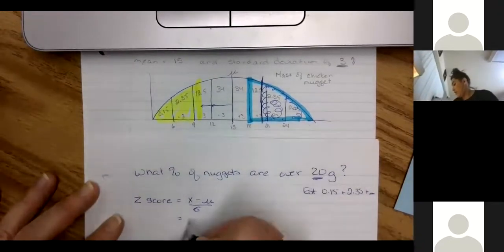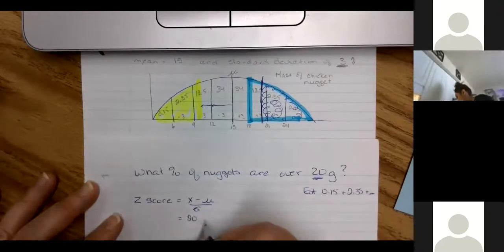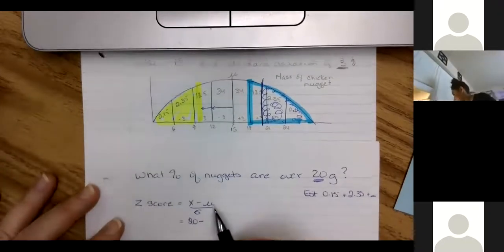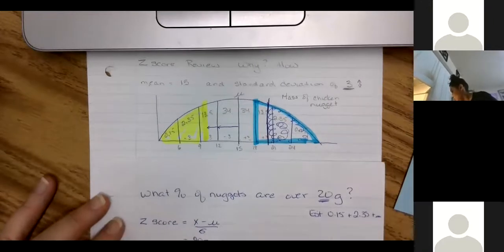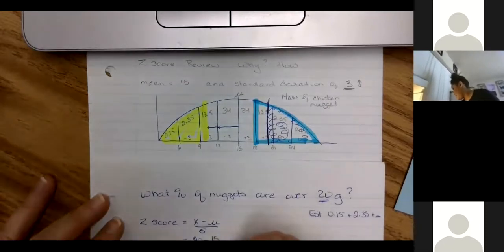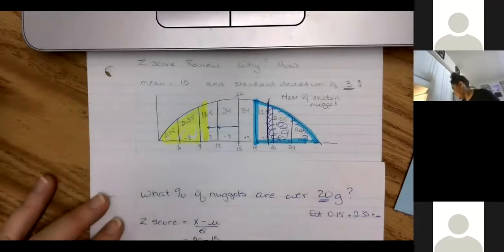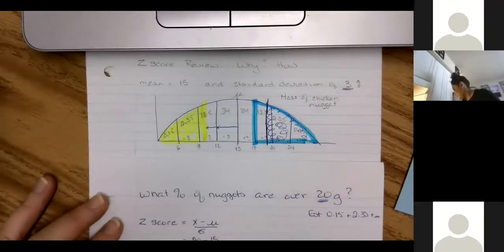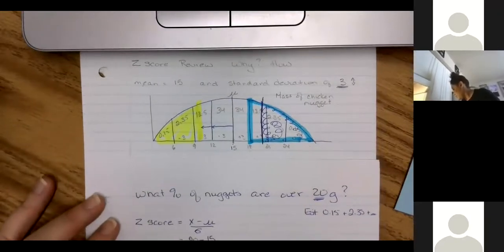So 20 grams is the number we want to know about, minus mu, that was our mean. Jose, what was the mean? Like 15 or something? Forget the or something, it's exactly 15. Nice. All right, what's the standard deviation? You're on a roll, keep talking.